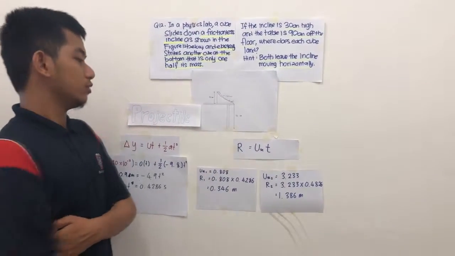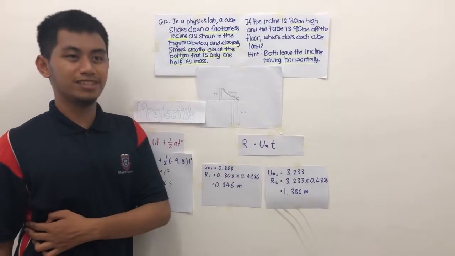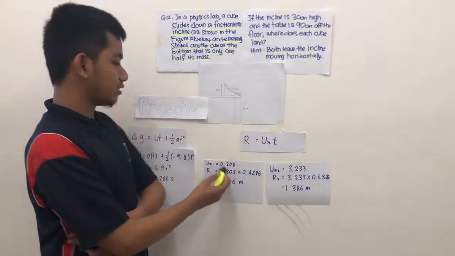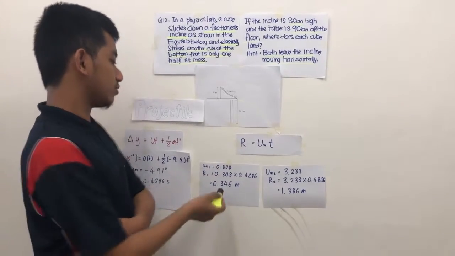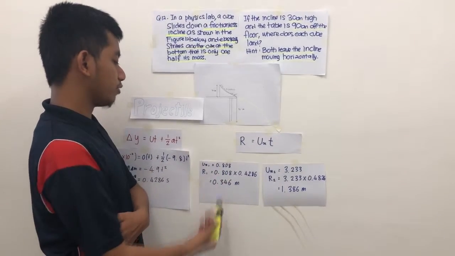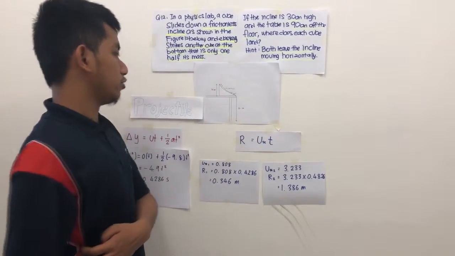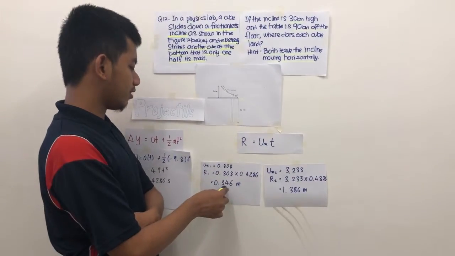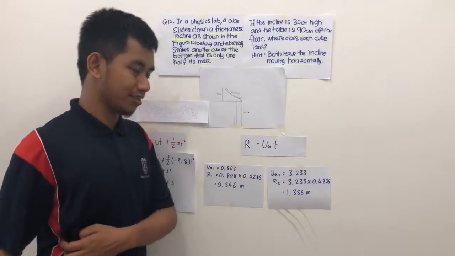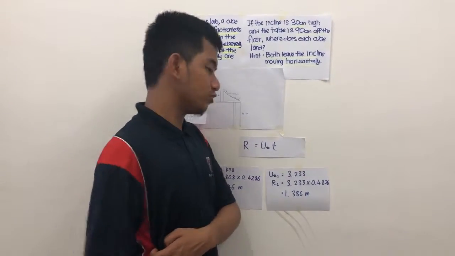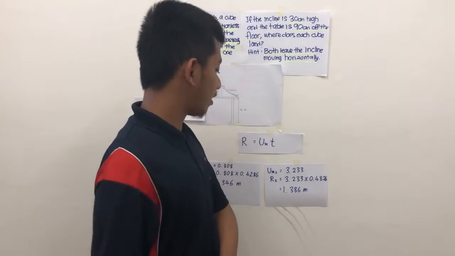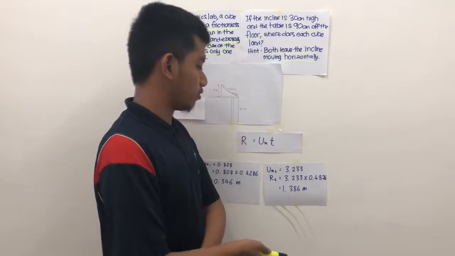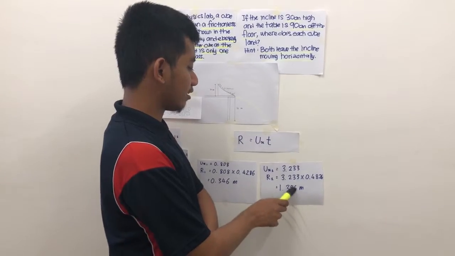Because we have two u values, the first is 0.808. Putting the value into the formula, we find the first cube lands about 0.346 meters away. Then we use the next value, 3.233, and we find the second cube lands about 1.386 meters away. That's all for us. Thank you.